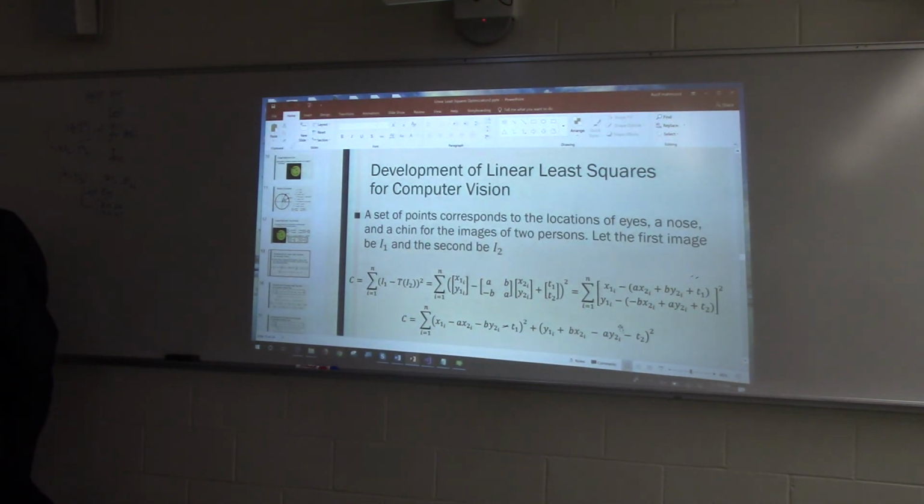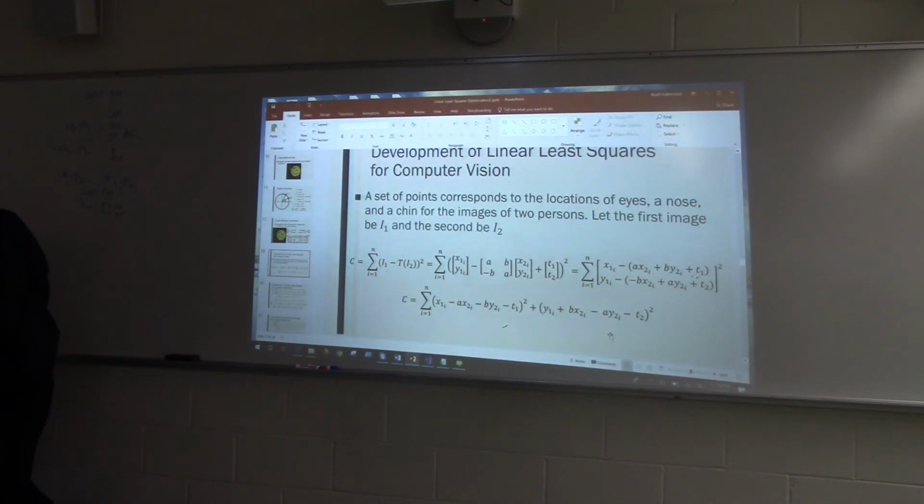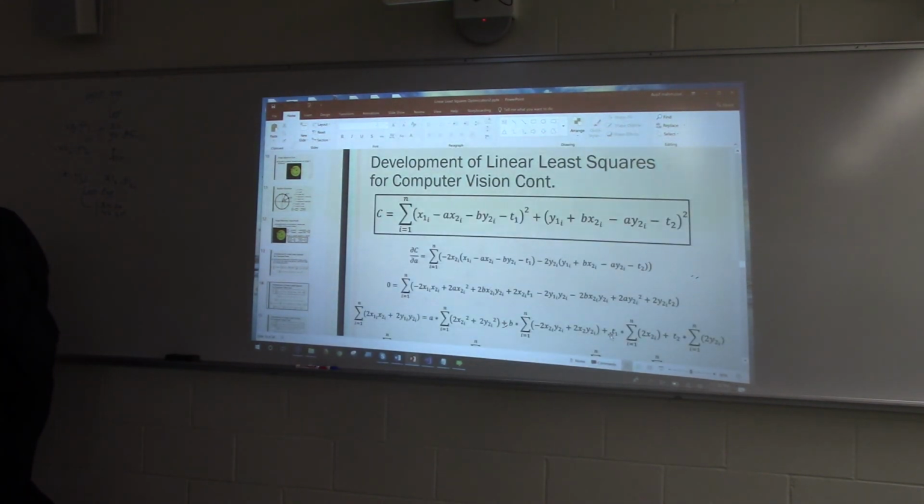Then we assemble it into a single equation, and then we take the partial derivatives. For example, partial C over partial A will turn out to be something as you go through the math. I'll give you up to the first one.